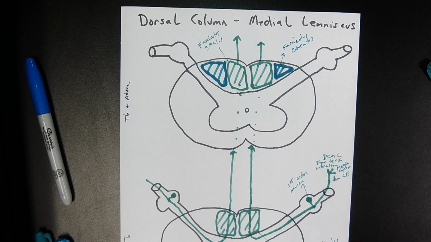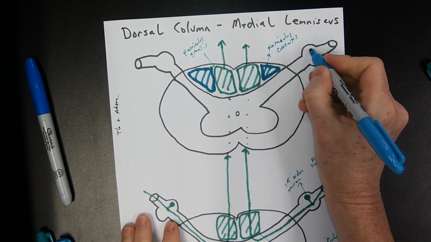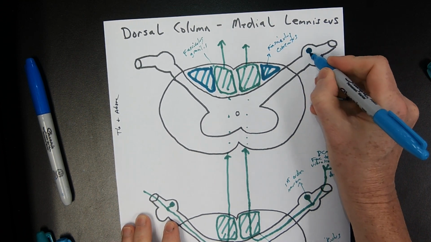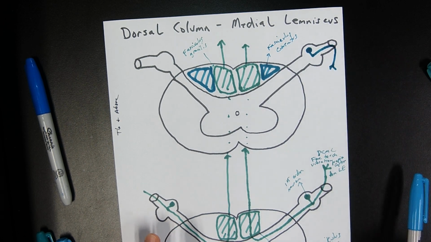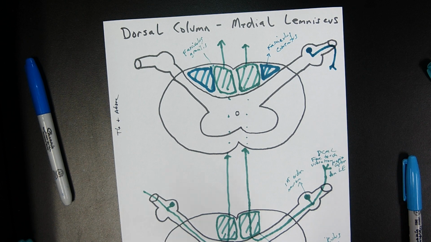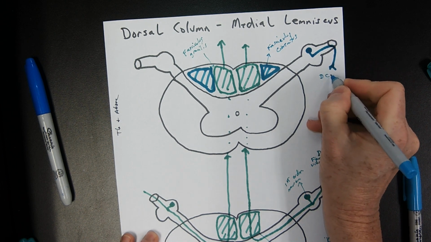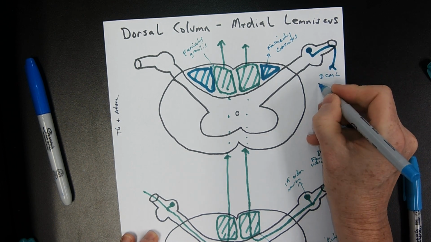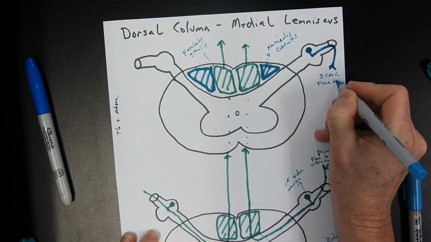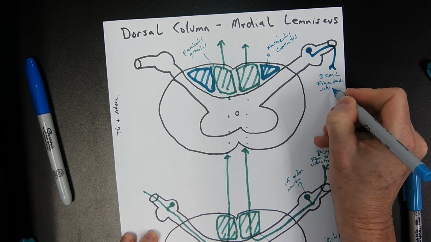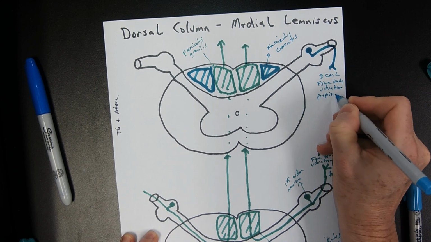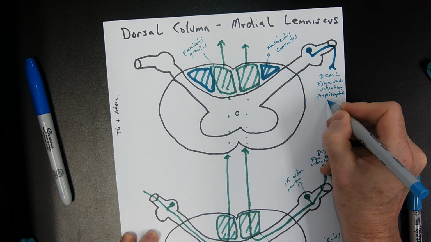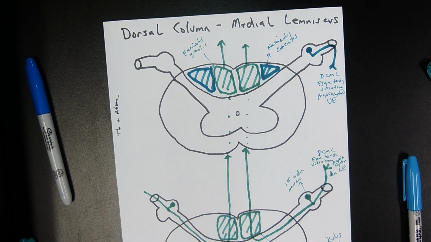Okay, so a similar thing happens only for the upper extremity. So here's your first order neuron sitting here in the dorsal root ganglia. Dendrites are going to pick up information, DCML information, which is fine touch, vibration and proprioception, from upper extremities, mostly.